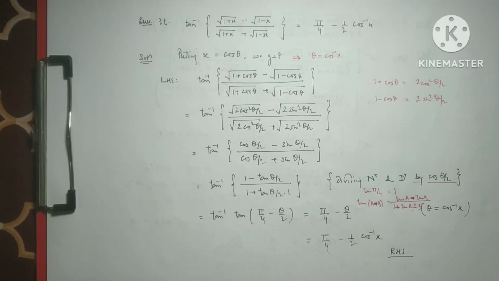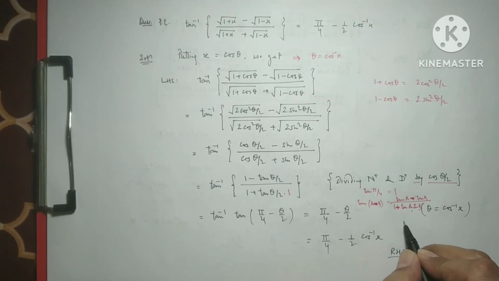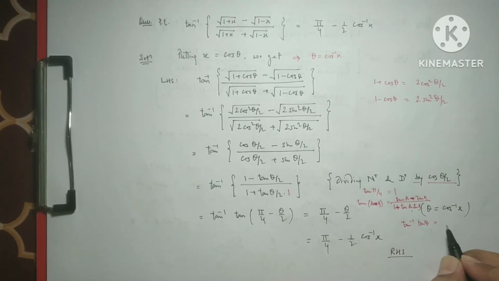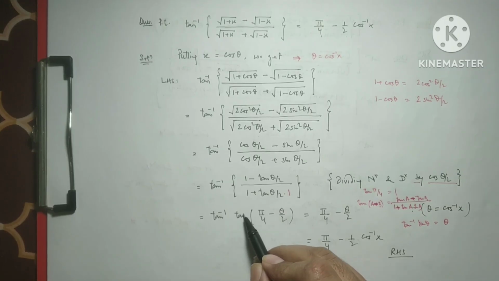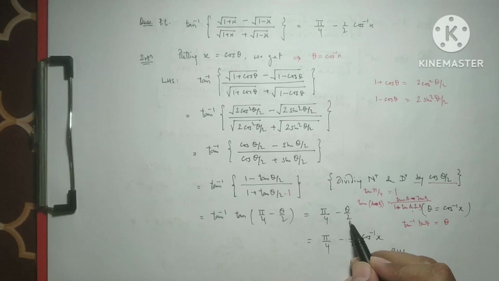Tan inverse of tan will neutralize the trigonometric expressions, and finally we have only the angle. So the answer will be pi by 4 minus theta by 2.